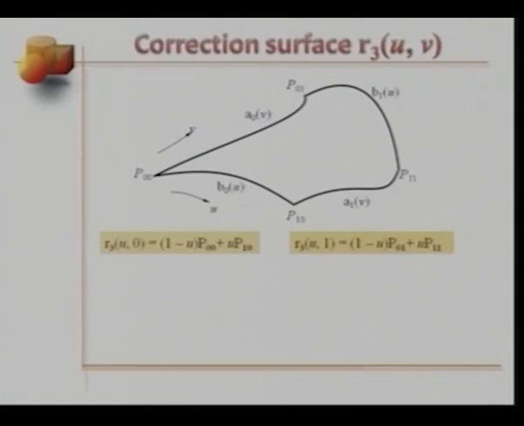Well, we can linearly blend them in this manner. So we can linearly blend R3(U,0) and R3(U,1) to get R3(U,V).